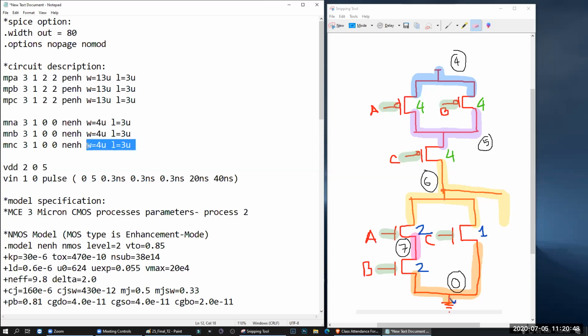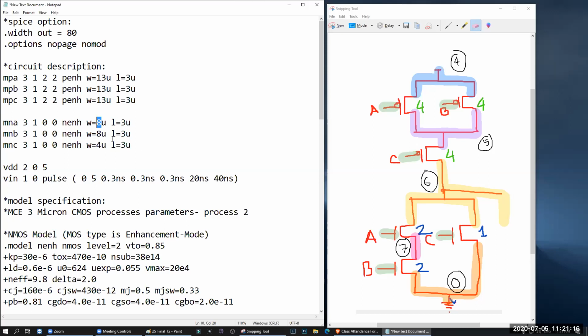MNB, that is 2, that means twice, so it will be 8. L is the same. MNA, that means the N type A, that is also 2, so that will be 8 as well. This is 1, 2, 2. So that means 4, 8, 8. Got my point?